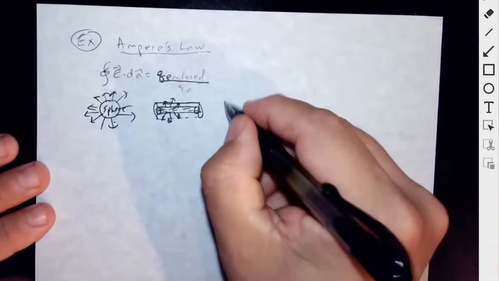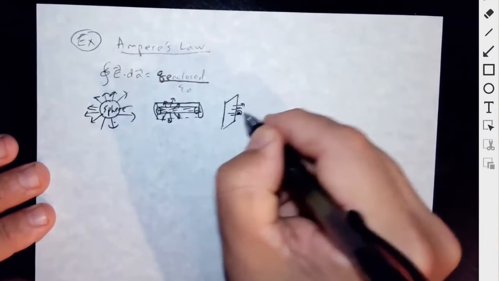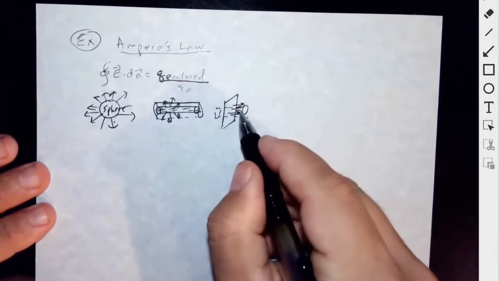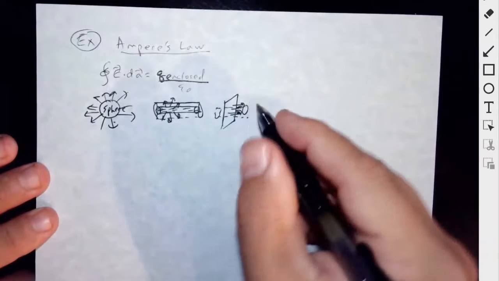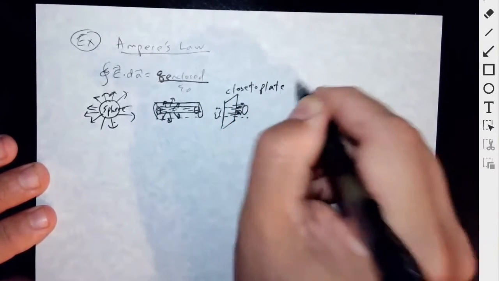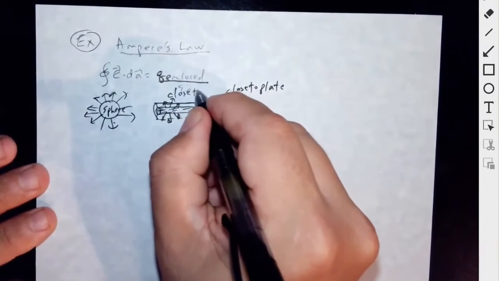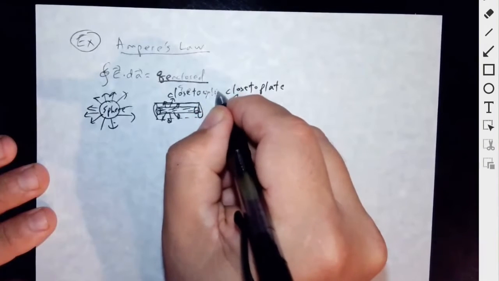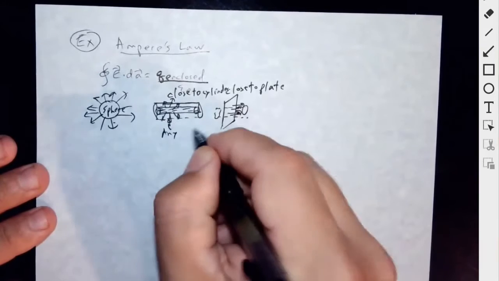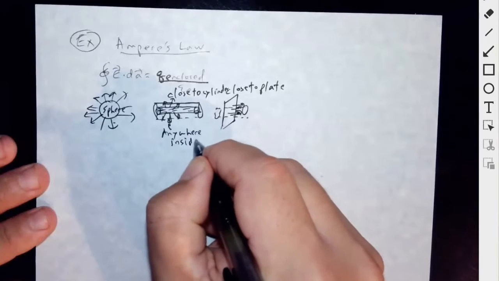And then the plate symmetry is straight line symmetry. And we do a Gaussian surface. So again, that only works if you're close to the plate. So close to plates. This one is close to cylinders, and anywhere inside cylinders.